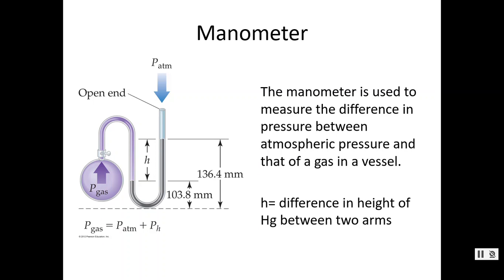What we generally use in the lab, and what you will hopefully use when we do the aluminum analysis experiment, is this: you're going to be generating a gas in that experiment, and you're going to be determining pressure by using something that is similar to a barometer, but it's called a manometer. What distinguishes a manometer from a barometer is that you measure the pressure of a particular substance, generally a gas that is enclosed in a container, by measuring the difference in pressure between the gas and atmospheric pressure.